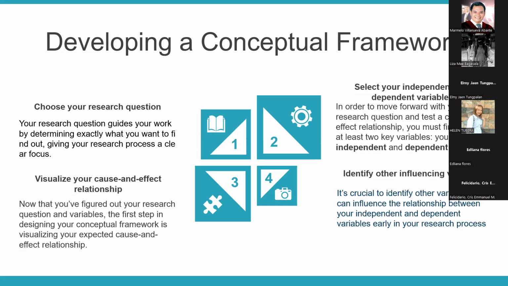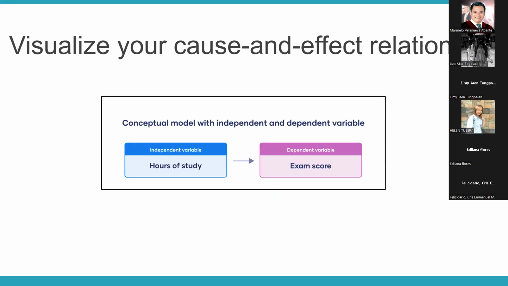So usually, the cause and effect relationship is demonstrated using basic design components of boxes and arrows. So yan, ganito lang itsura niya. Dito makikita natin kanina sa example, the independent variable which is the hours of study points out an arrow to the dependent variable which is the exam score.